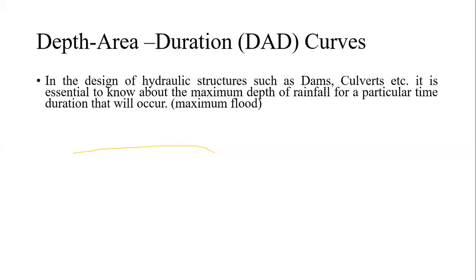So for construction of the dams, we used to design them for some amount. That means if you are constructing a dam, then it is designed for a particular capacity. And to know about that capacity is nothing but the storage capacity.